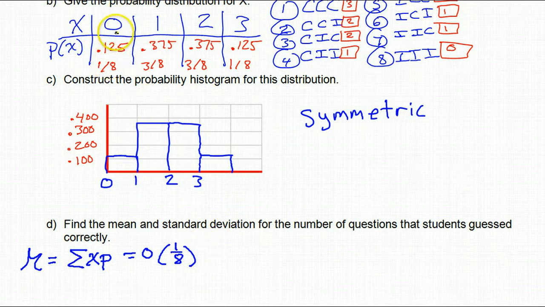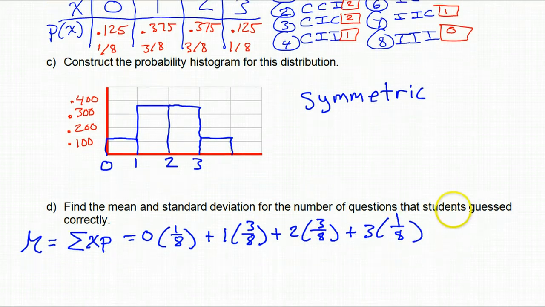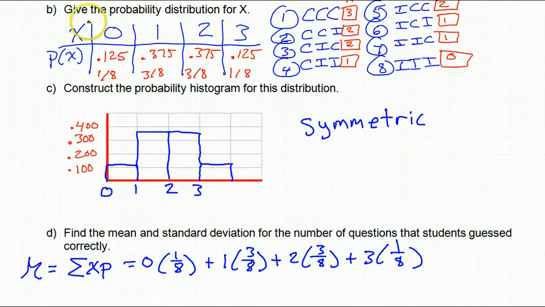So x times p: 0 times 1/8 plus 1 times 3/8 plus 2 times 3/8 plus 3 times 1/8. So this is xp plus xp plus xp plus xp.